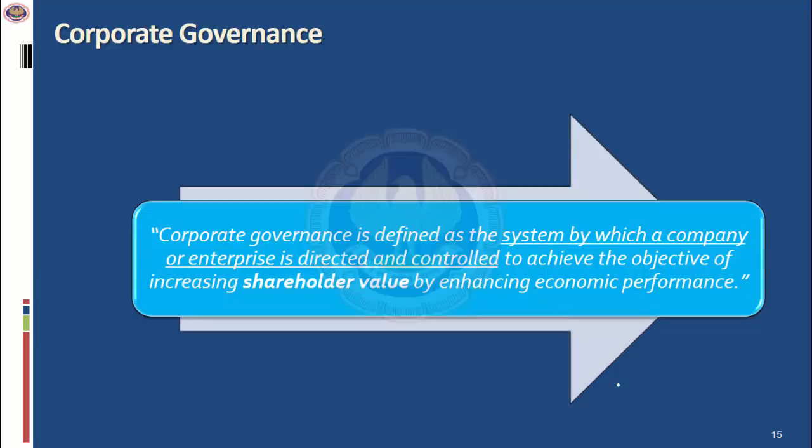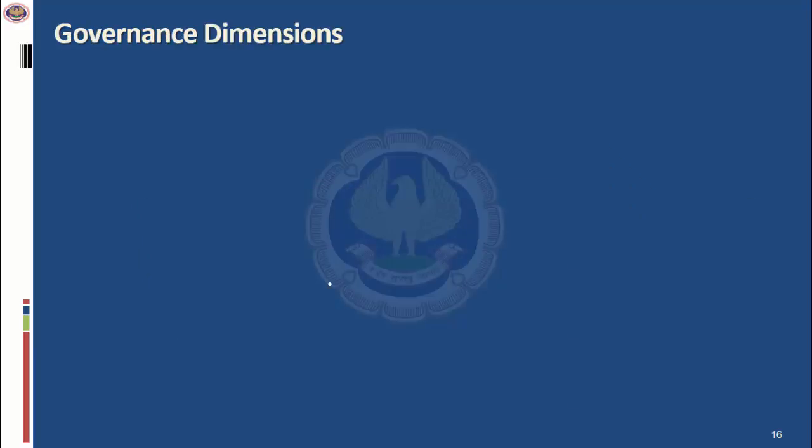What is the definition? They say the system by which a company is directed, again you look at the word here, directed and controlled, to achieve the objectives. Now you see these are the four key words which are repeated in all the cases. You also have value pertaining to shareholders.